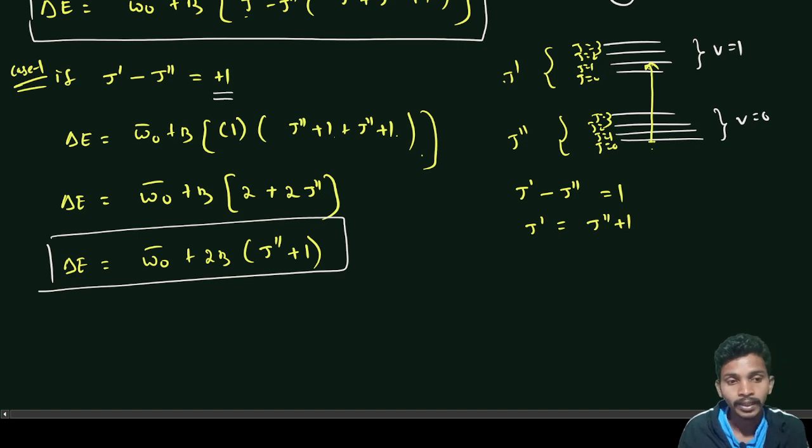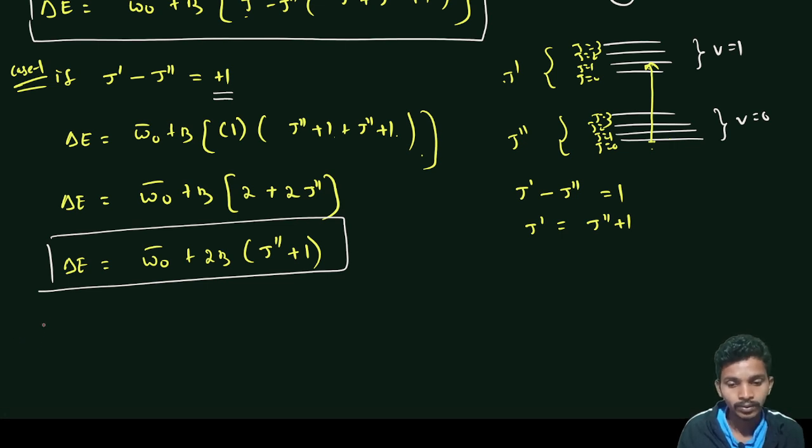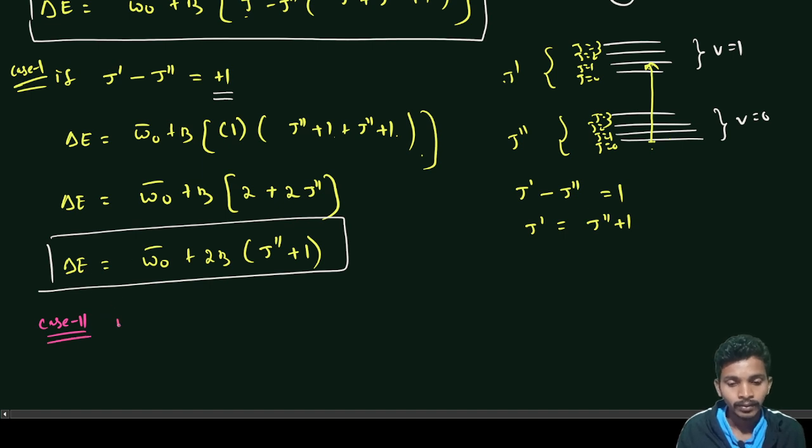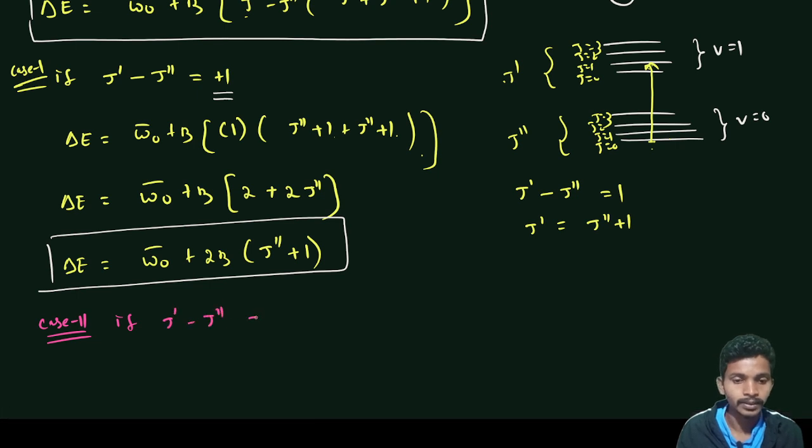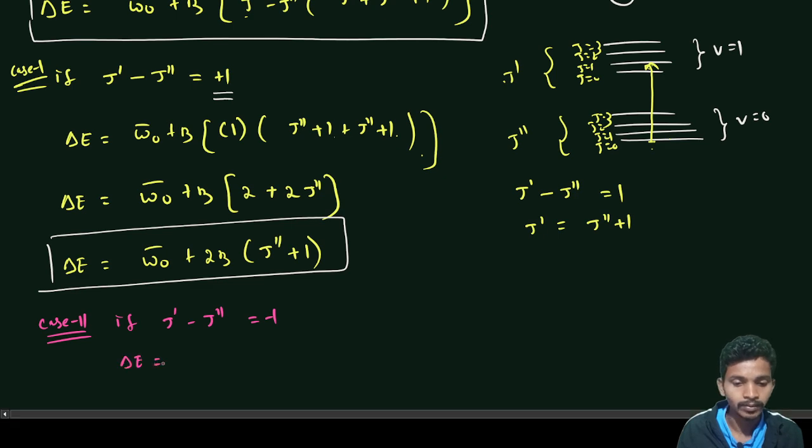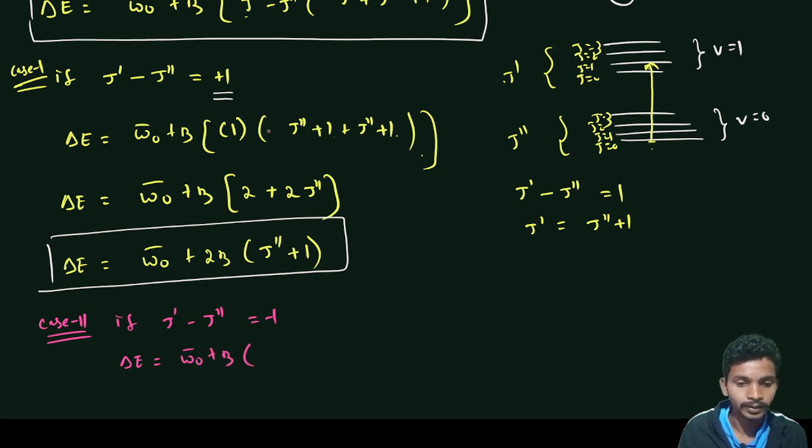Now I will take another case, case 2. After that we will explain this. Now if j dash minus j double dash equal to minus 1, then what will we do? Delta E is equal to, I can write omega naught plus b, and now this value is this one, so j dash minus j double dash equal to minus 1.